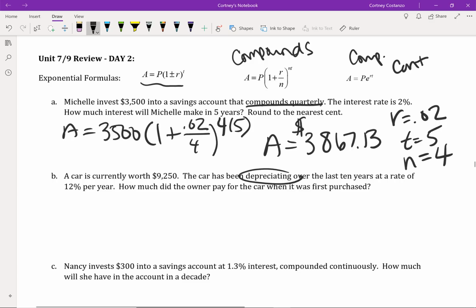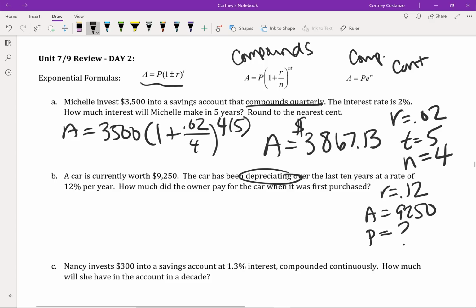The middle one, letter B, says a car is currently worth $9,250. It's been depreciating, so that's a key that it's going to be decreasing, so you're going to use the 1 minus formula. Over the last 10 years at a rate of 12%. So again, if the rate is 12%, that's 0.12. The car is currently worth, that's A. It wants to know how much they paid for the car when it first was purchased. So that's your principal or initial amount.